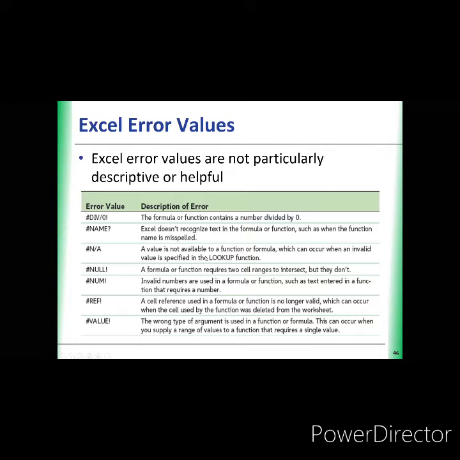And then NA, ito yung kanina na sinasabi ko sa inyo, you will receive an NA kapag yung value ng inyong sources, data, or range of data ay wala na pong laman. Null: a formula function requires two cell ranges to intersect, but they don't. And then num: invalid numbers are used in a formula. Ref and value. So karamihan naman dyan, tignan na lang ninyo, baka ang laman ng inyong operands ay letters or blank, kaya magkakaproblema rin. So you will receive those different error messages in your Excel.